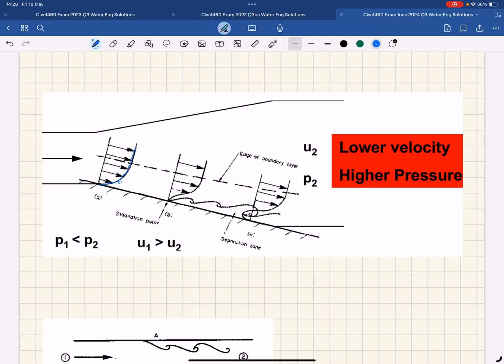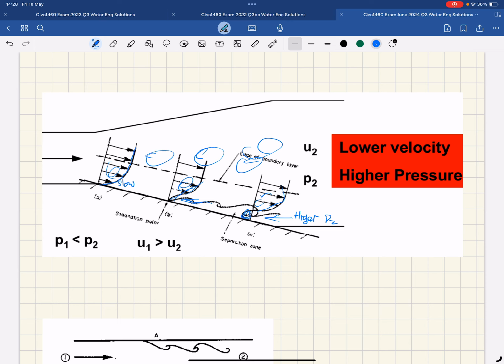We have slow flow here, and as we've got a higher P2 pushing back, if this slow flow is not fast enough, it can lift this boundary layer and actually reverse the flow just near the wall and lift this slower moving flow into the main body.